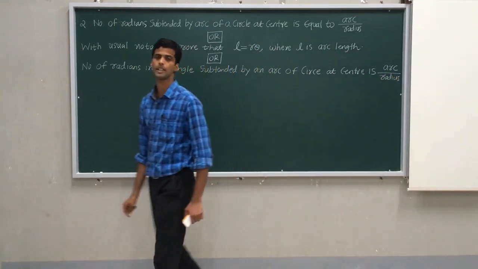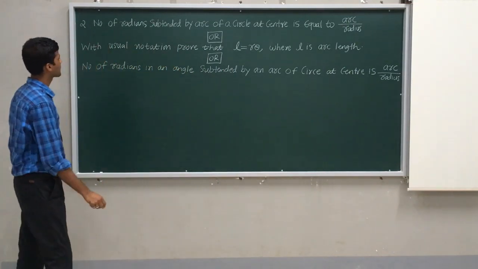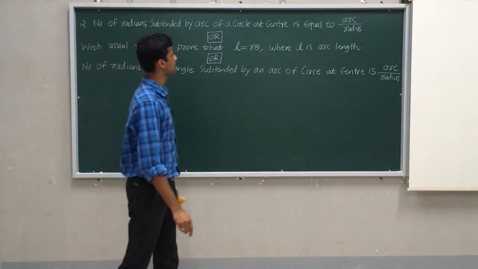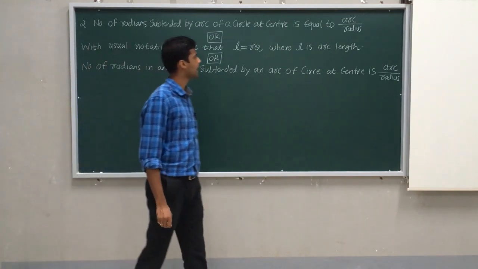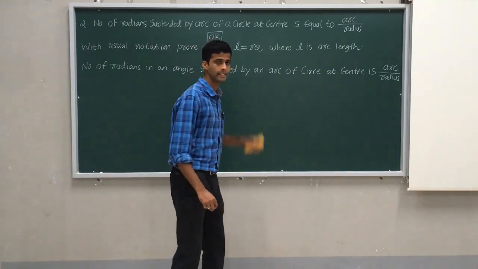There are three ways to frame this question. One is number of radians subtended by arc of a circle at center is equal to arc by radius. Another is with usual notation prove that L equals r theta, where L is arc length.